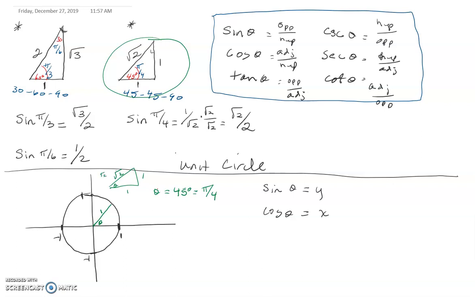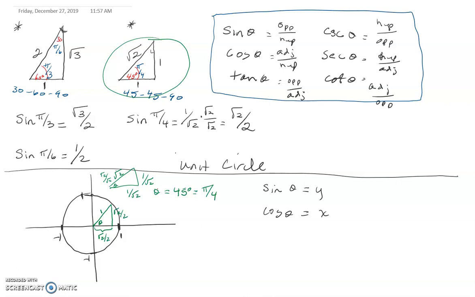Isn't square root of 2 divided by square root of 2 a 1? That's fine as long as you take the other two sides and divide out your square root of 2. We learned up here that 1 divided by square root of 2 is simply square root of 2 over 2. And this length is also square root of 2 over 2.